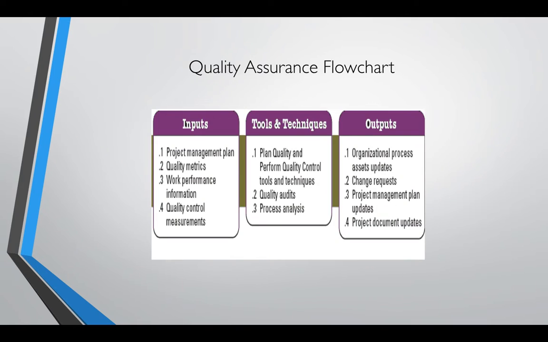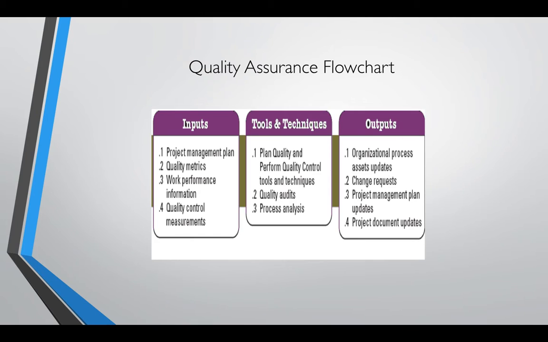So moving on now to the quality assurance flow chart. This is something I got not from the textbook, but just wanted to mention it really quickly. So we have our inputs, we have our tools and techniques, and we have our output. The input for quality assurance would be the project management plan, quality matrix, work performance information, quality control measurements.